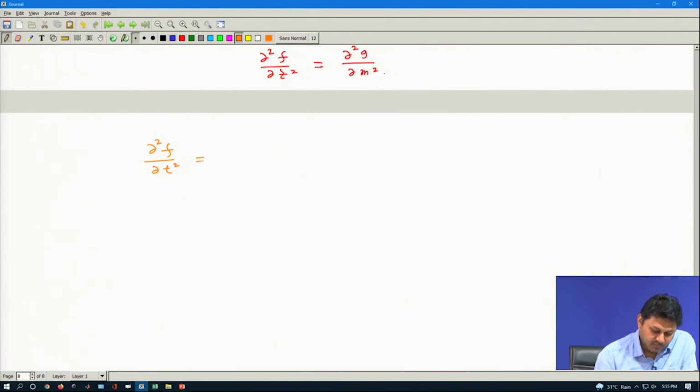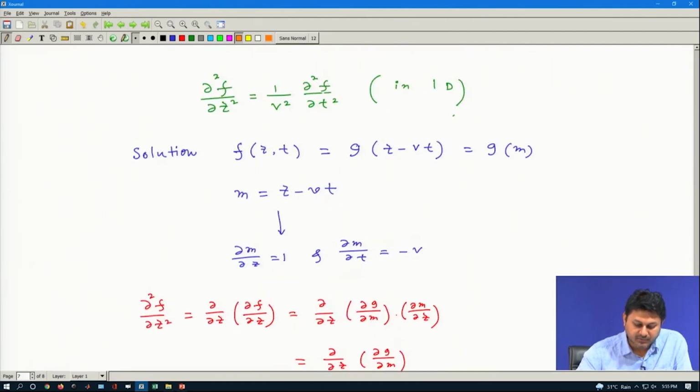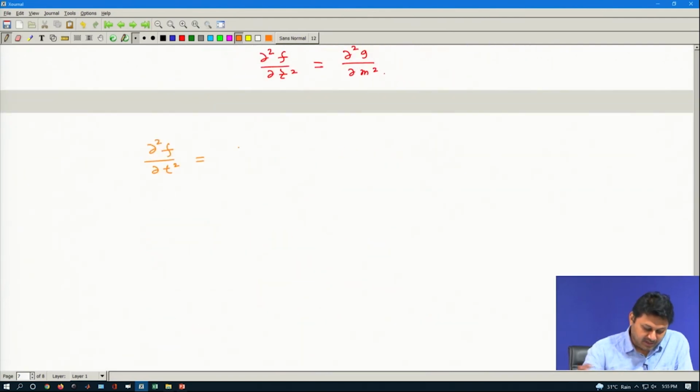That quantity is on the right hand side in the wave equation. Again in the previous way I have d/dt of dg/dm and dm/dt. g is a function of m, so I can have a partial derivative.